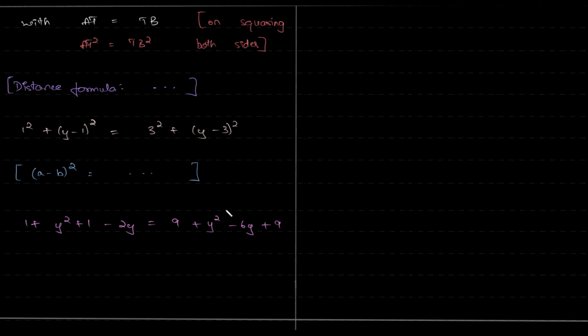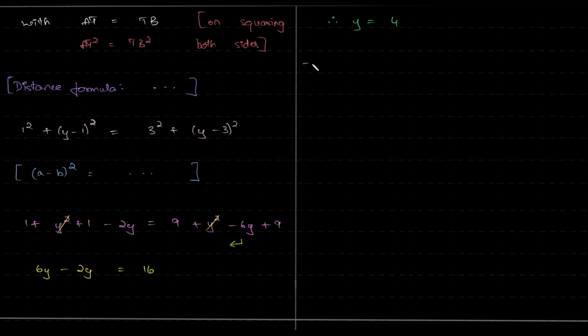Okay, and then we have y square getting cancelled. This gets transposed and we have 6y minus 2y is equal to 18 minus 2, that is not 14, sorry, 16. So this is 4y basically. Anyways, this is 4y, this is 16, therefore y is equal to 4, is it not?